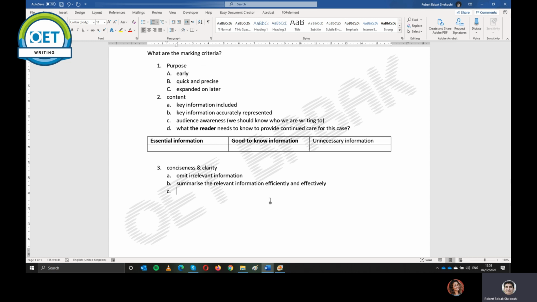With effectively, we look at the better effect. So when we summarize the relevant information, it needs to be in the least number of words possible, and it needs to express in the best way what we want to do.